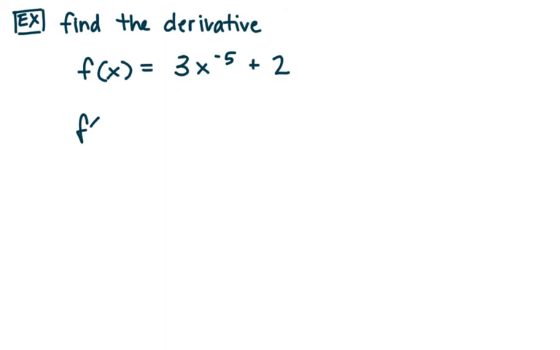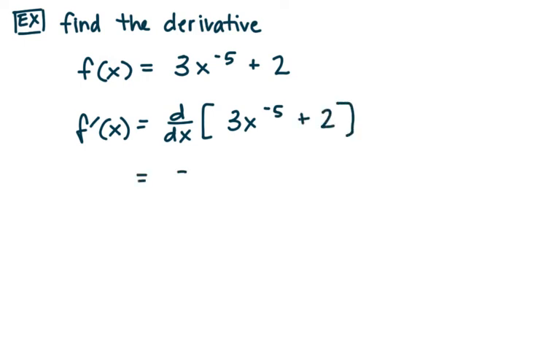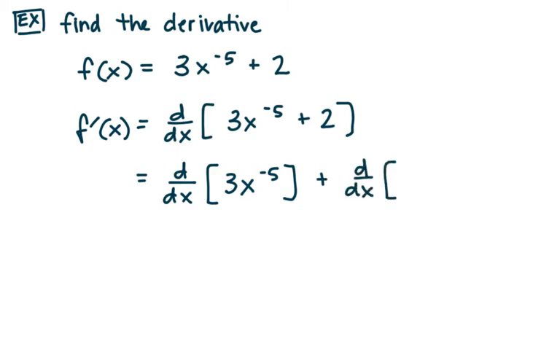You have to write f prime of x to represent that now we're finding the derivative. So f prime of x will be the derivative with respect to x of 3x to the negative 5 plus 2. Or rather, the derivative with respect to x of 3x to the negative fifth power plus the derivative with respect to x of 2.